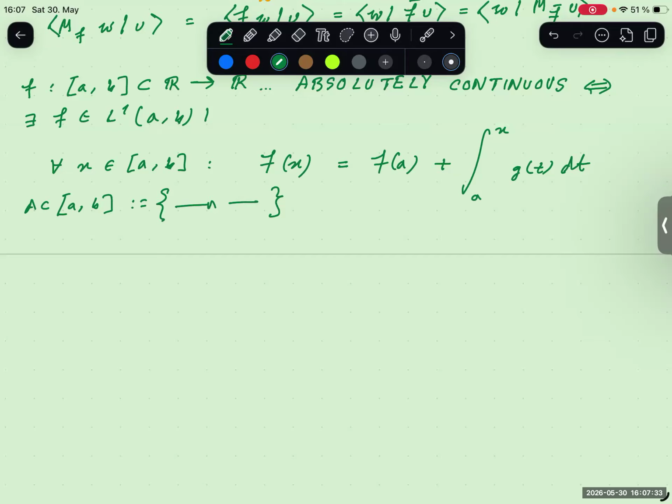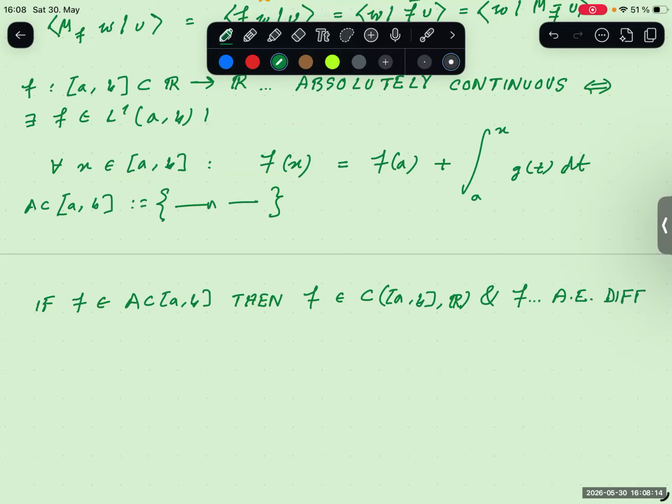So maybe I write once: if f is an absolutely continuous function in the interval [a, b], then f is continuous and almost everywhere differentiable.